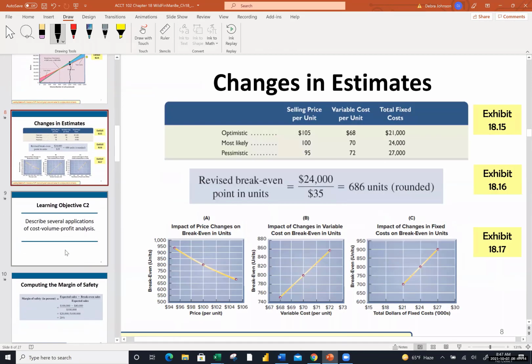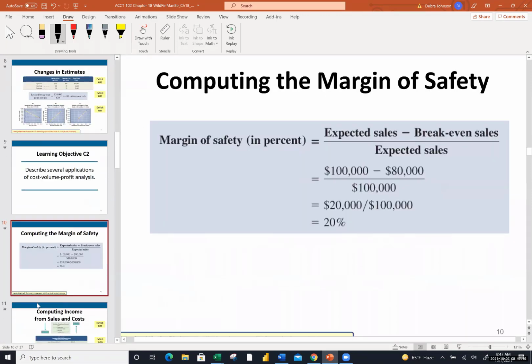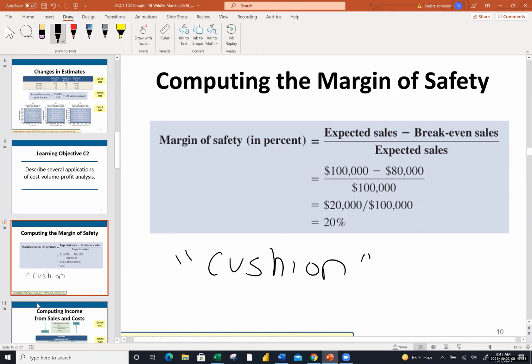So our next slide says, describe several applications of cost, volume, profit. One of them, which I consider a minor application, is the margin of safety. The way I try to remember this one, because I am not good at memorizing formulas, is that when I see margin of safety, I think of a cushion.